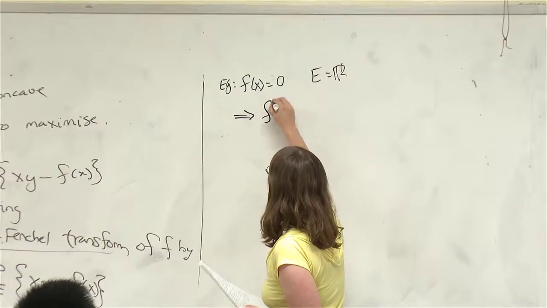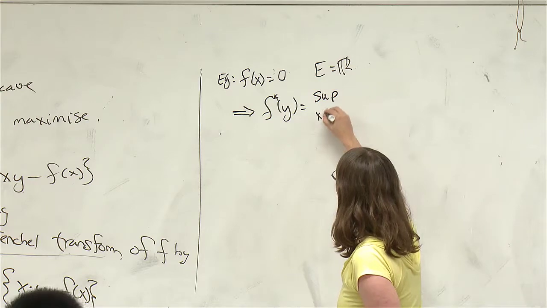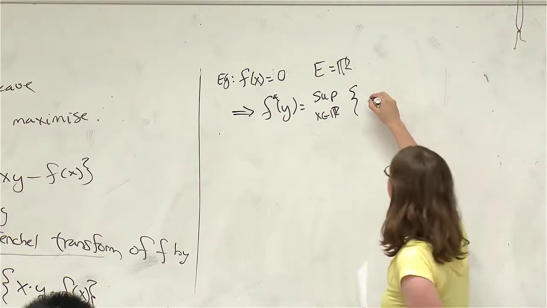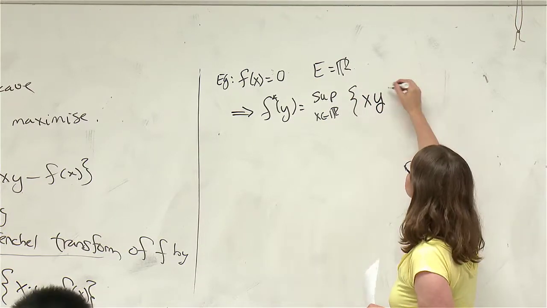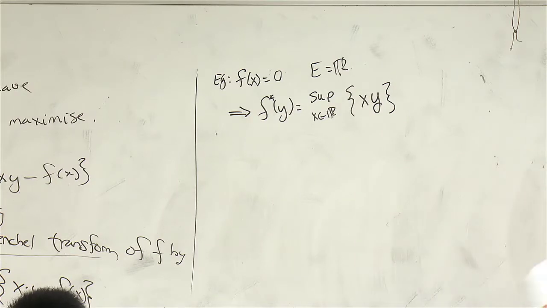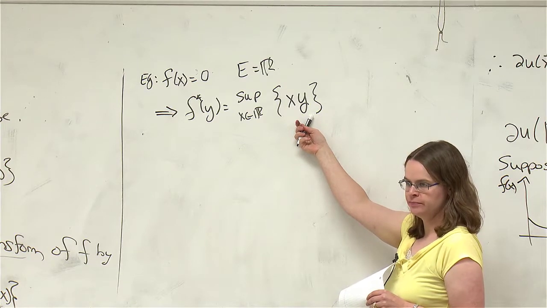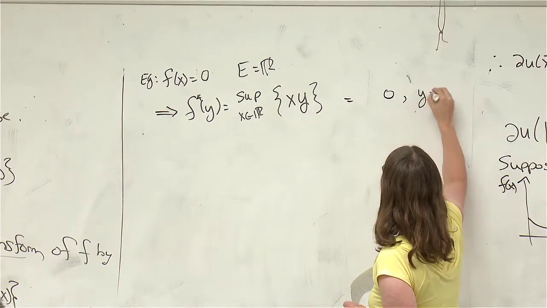Then f star of y is going to be the supremum over x in R of x dot y, that's x times y in 1D, minus f of x, which is 0. Now it matters what value of y I've put in here. If y is 0, this is 0.